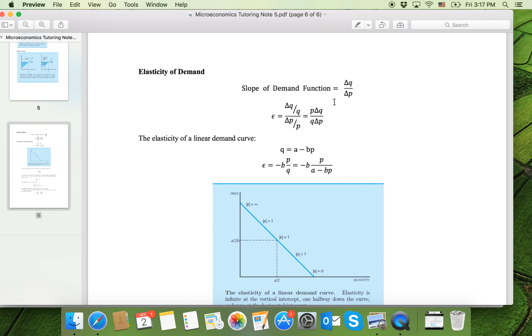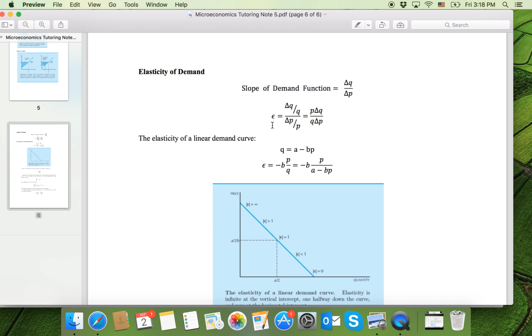Elasticity is defined differently, but elasticity is like a more complex build up on the slope of the demand function. So elasticity measures in a percentage sense how quantity changes with price. So basically, we divide the changing quantity by the absolute level of quantity. We also divide the changing price by the absolute level of price.